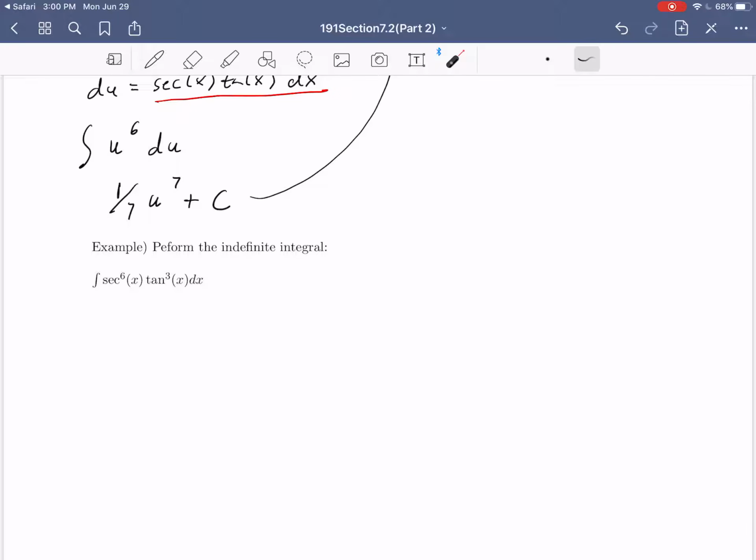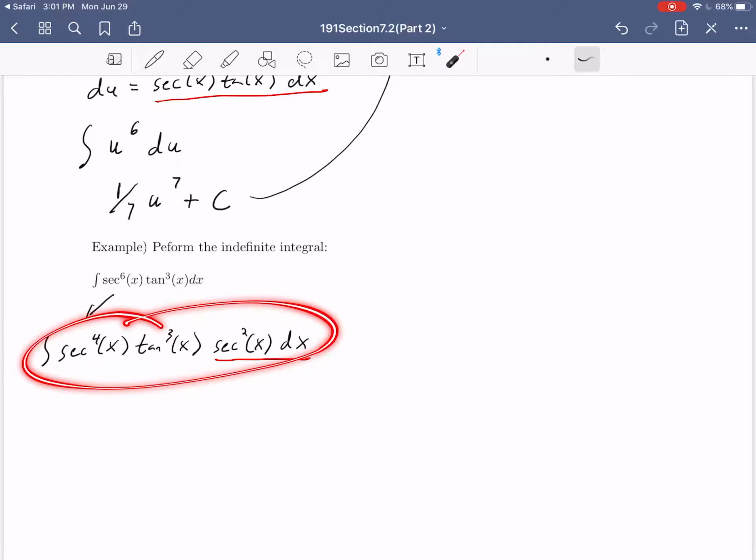So let's attempt the initial approach we talked about, which is saving a secant squared. Notice that that's going to be doable because this is going to be even here. So one way to think about this is to imagine it as a secant to the 4th tangent cubed and then a secant squared x dx, with the plans on saving that secant squared.